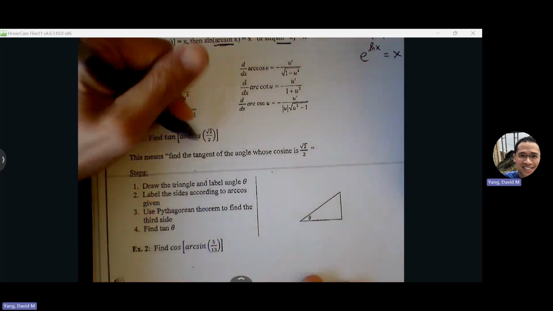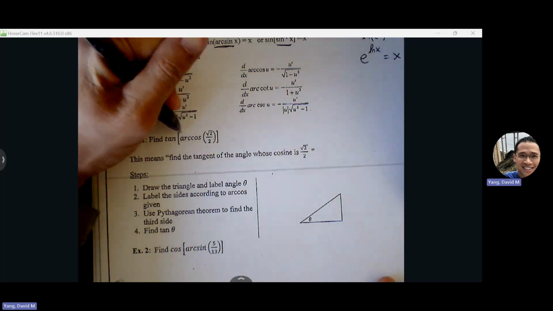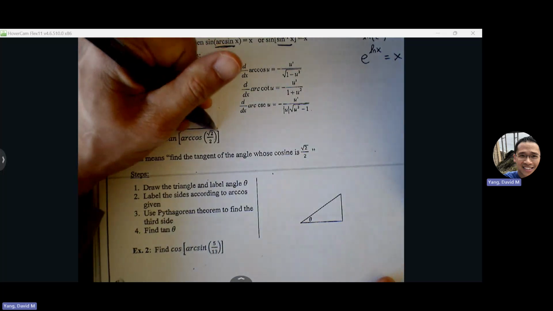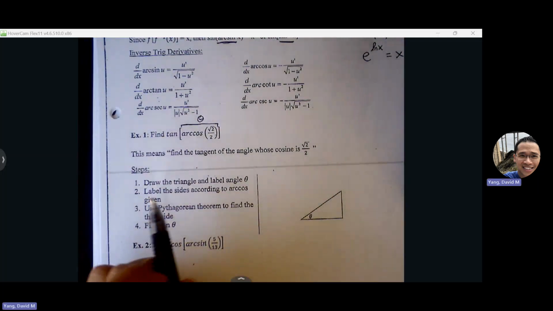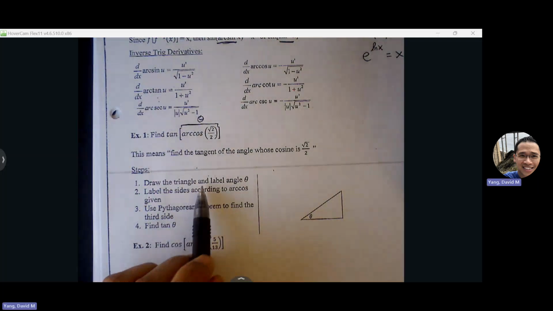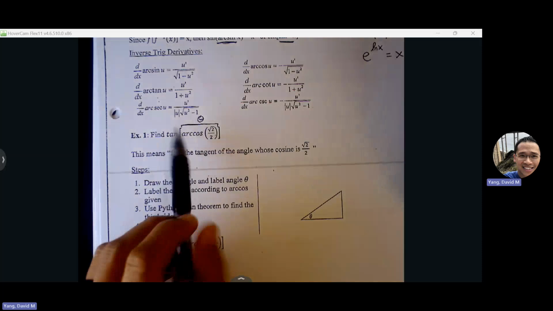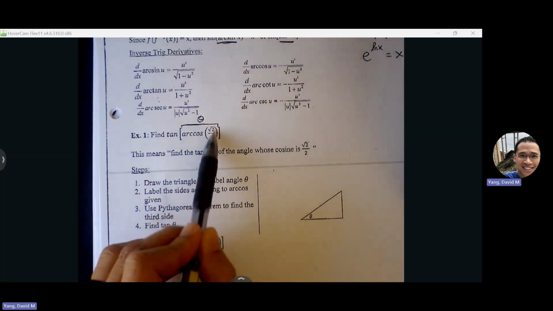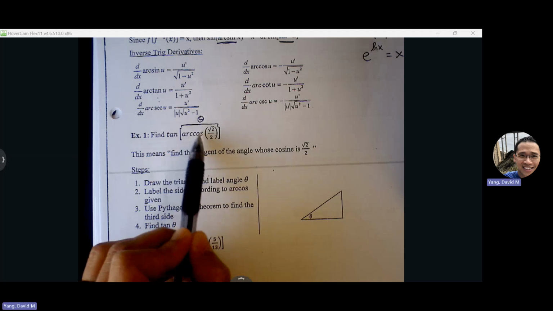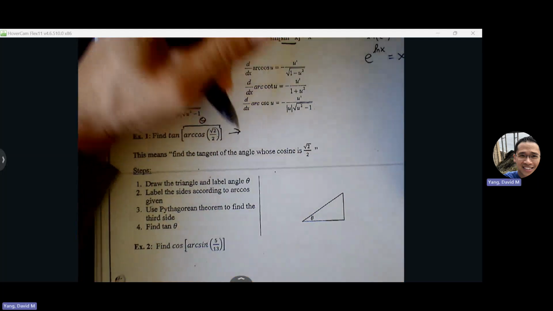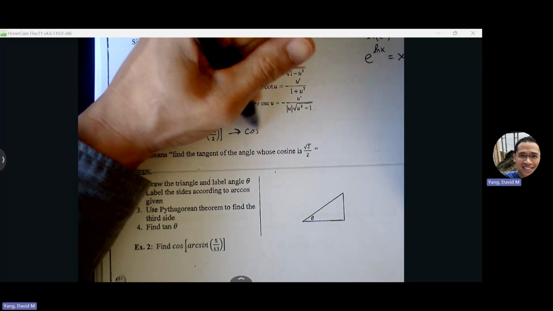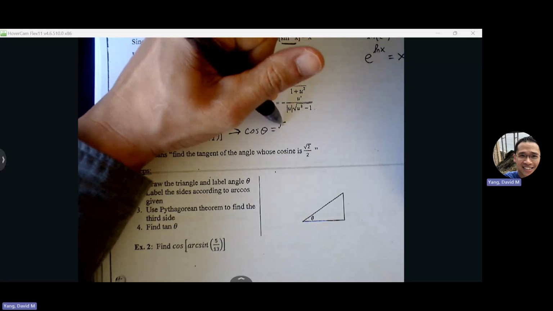Whenever you see this messy notation, just understand that this whole thing represents theta. So what we're going to do is draw a triangle, label the angle theta, and build out a triangle with this property. Arccosine of root 2 over 2 is another way of saying: when is cosine of theta equal to root 2 over 2?